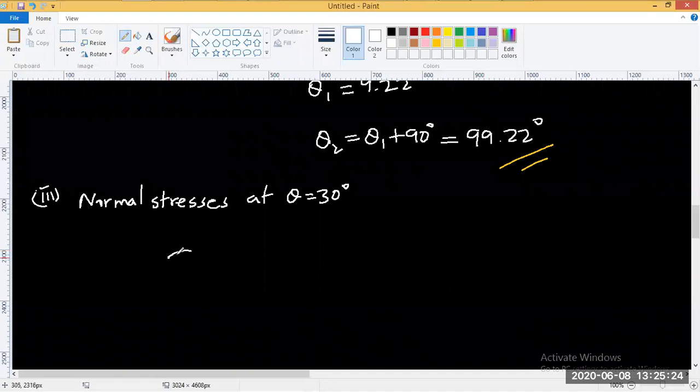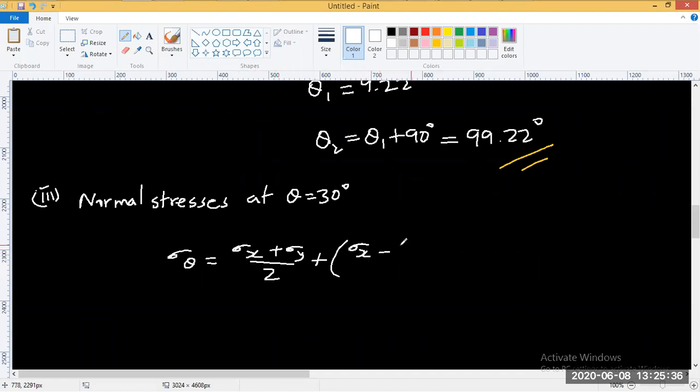So that is sigma theta, which is equal to sigma x plus sigma y by 2 plus sigma x minus sigma y by 2 into cos 2 theta plus tau xy sine 2 theta.